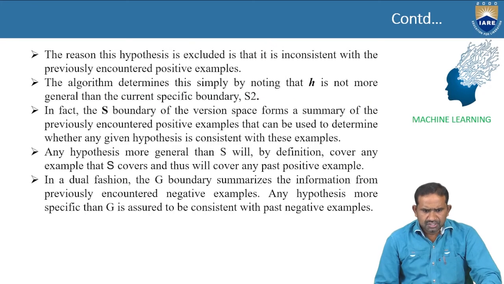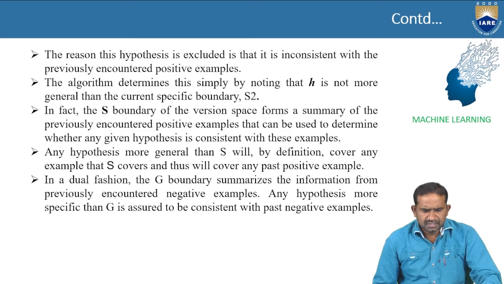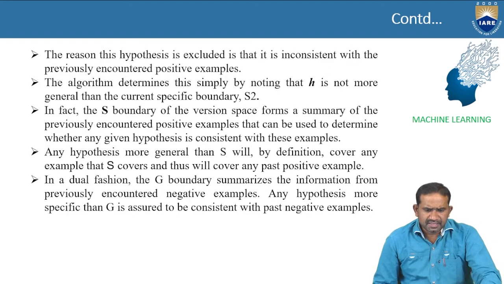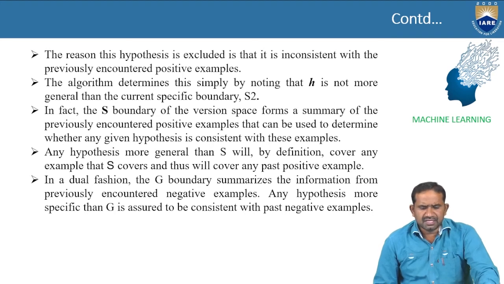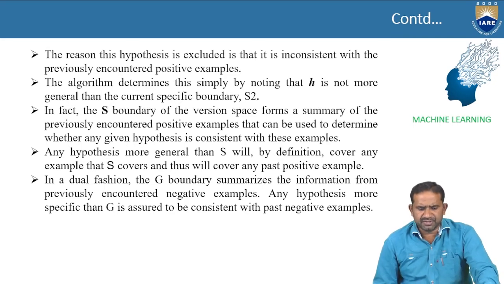The reason is that this hypothesis is exclusively consistent with the previously encountered positive examples. The algorithm determines this by noting that H is not more generalized, and then it focuses on the specific boundary.